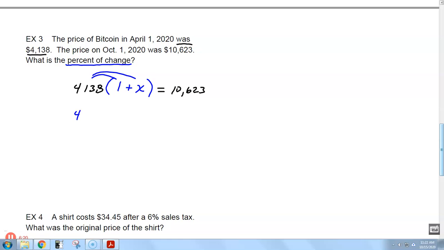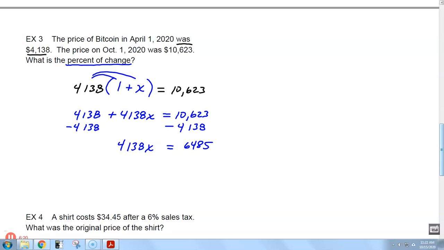We'll distribute it out. We'll get 4138 plus 4138x equals 10,623. And we're going to subtract the 4138 from both sides. And I get 4138x equals, let me punch this in the calculator, 10,623 minus 4138 is 6485.